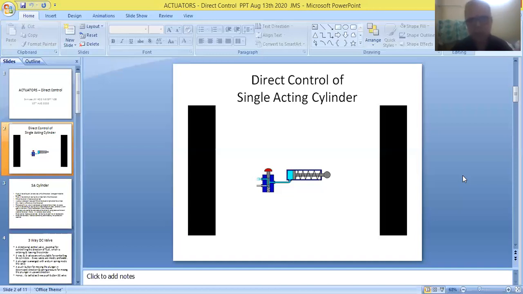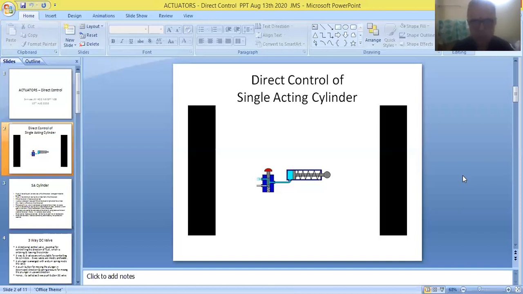So friends, basically these cylinders can be used for moving the tools in to and fro directions. And also with the help of connecting rod mechanism, these cylinders can also be used for rotating the spindles of machines in clockwise direction.